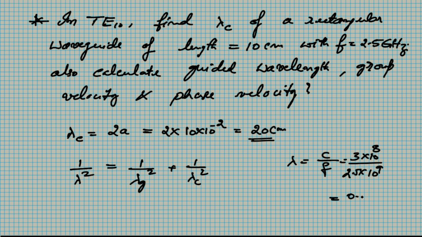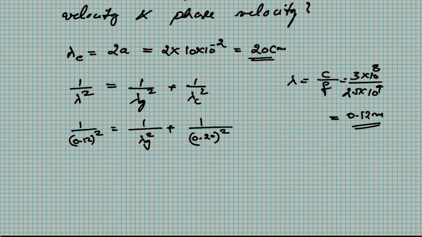Okay, so this is 0.12 meters. We already have this equation, so I can write 1 by 0.12 square is equal to 1 by lambda g square, lambda g being what we are calculating, plus 1 divided by 0.20 square, isn't it? So using that, calculate lambda g.